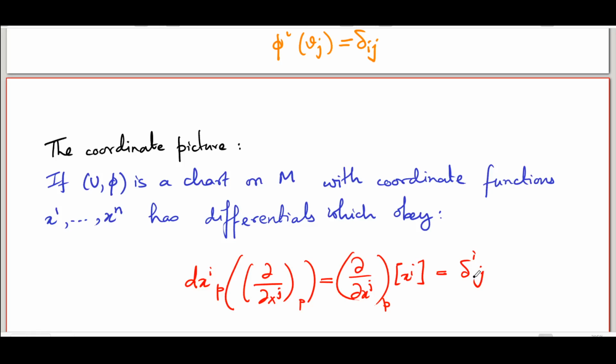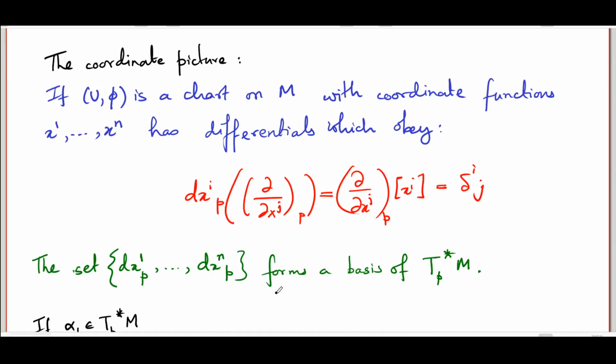So, quite clearly, given the fact that the del x_j at P's form a basis of the tangent plane T_P M when j runs from 1 to n, the dx^i at P's actually provide us with a basis for the dual space T_P star M. So this gives us one very convenient basis to use in T_P star M. Of course, as is always the case with linear vector spaces, the choice of a basis is not unique.